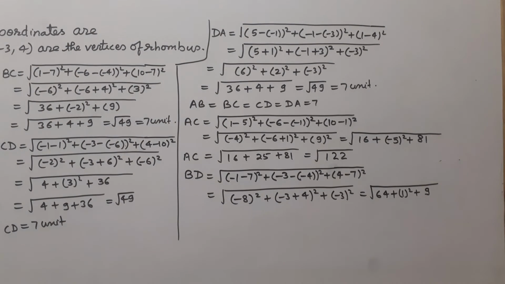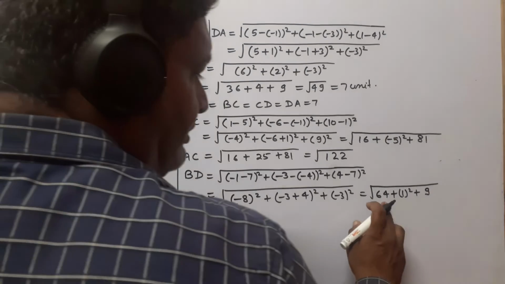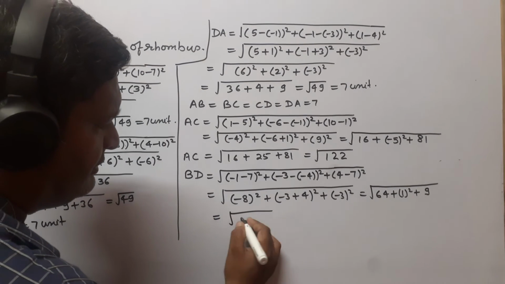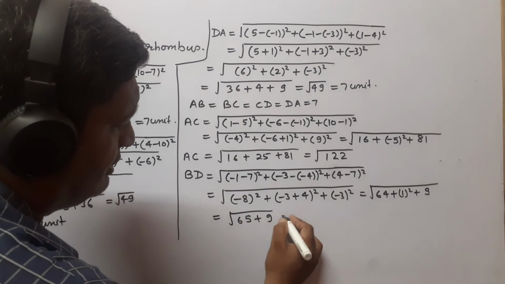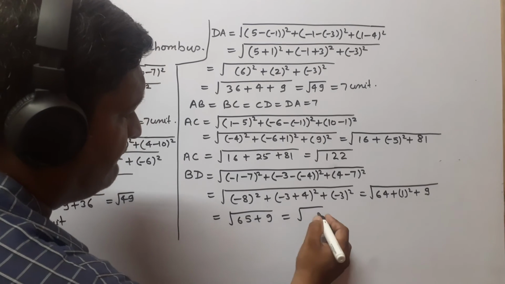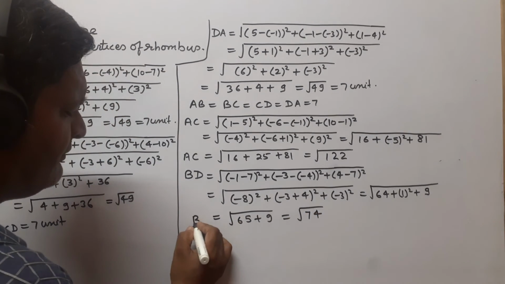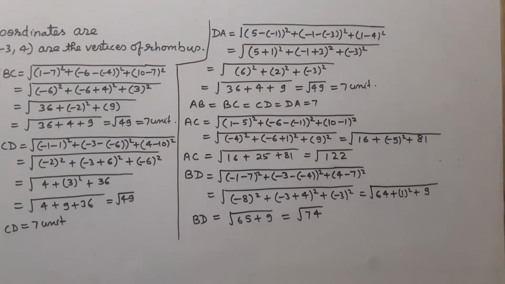So this is 64 plus 1 plus 9. So this becomes 65 plus 9, this is 74.